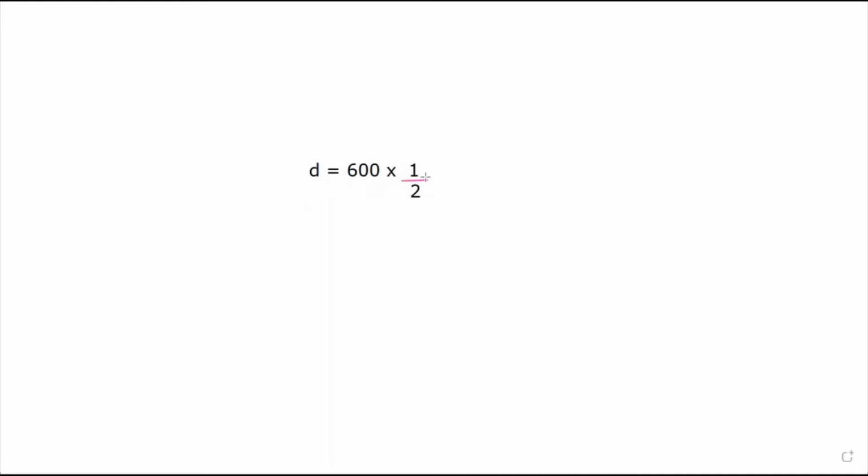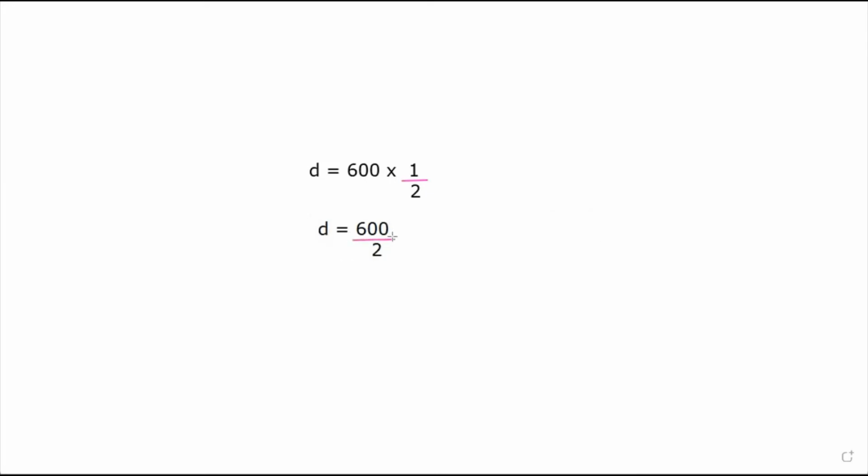Okay. So here you can see that 600 is a numerator and here numerator is 1. So this numerator will be multiplied by numerator by the mathematical law, that is fraction. And in fraction, when we have multiplication, numerator will multiply with numerator and denominator will be multiplied by denominator. So we have now 600 divided by 2, right?